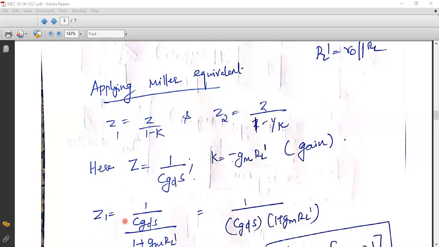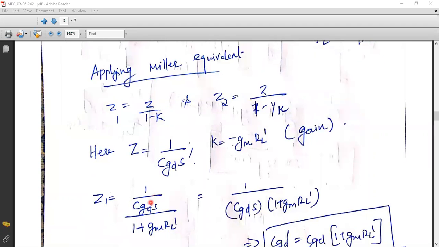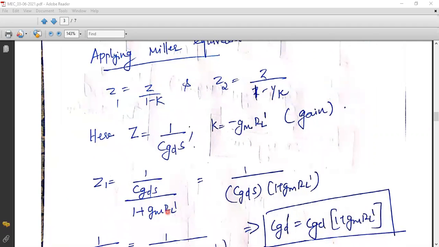So Z1 is equal to, Z is 1 by CGD S divided by 1 minus K, that is 1 plus gm RL dash. So division is nothing but multiplication by the reciprocal. So if you rearrange, it will become 1 by CGD S into 1 plus gm RL dash.